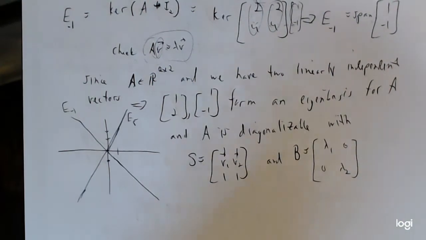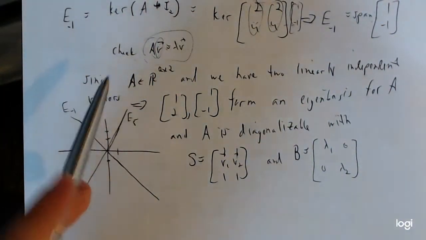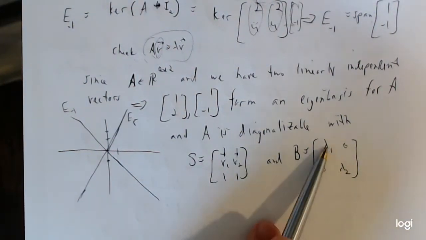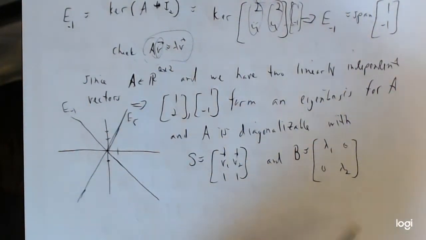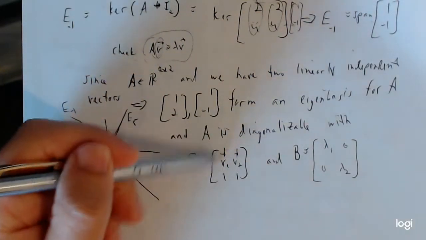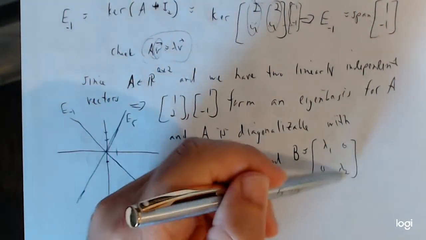Now, keep in mind, if you look at the example that I did, lambda sub 1 and lambda sub 2, you need to be careful. You need to make sure that you match things up. So obviously V sub 1 and lambda sub 1 should match up, and V sub 2 and lambda sub 2 should match up.